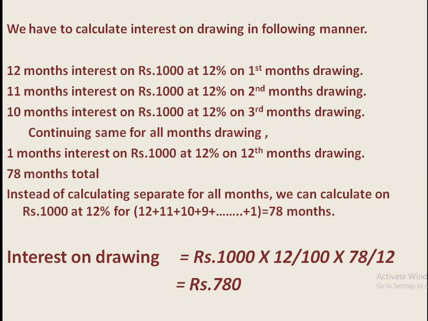So actually we have to calculate separate interest on each month's drawing. But instead of it, this is the way: 1,000, 12% rate, but calculating separately, first month's drawing 12 months, second month's drawing 11 months, third month's drawing 10 months. Instead of it, we made the total of those months and we got 78 months interest.